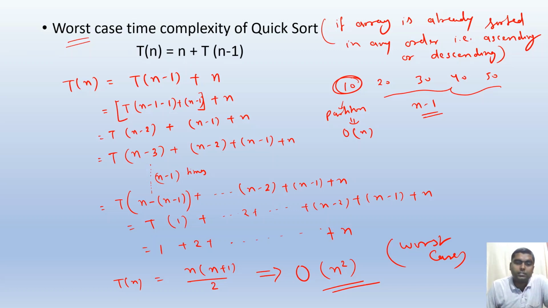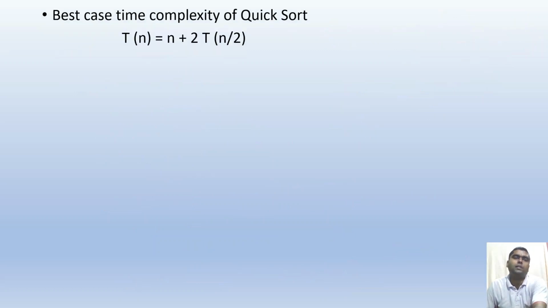This algorithm will give its worst case time when the given array is already in sorted order, whether ascending or descending. But this may not be the case in all practical situations. Let us first analyze the best case time complexity.